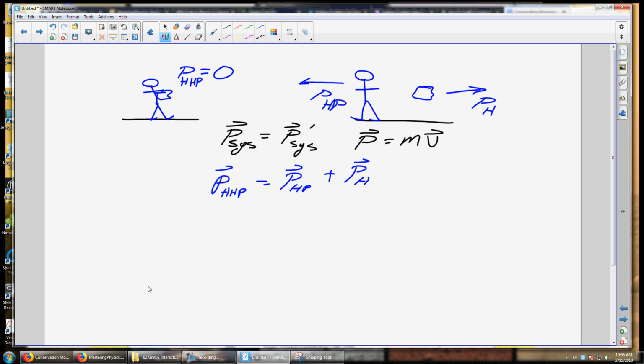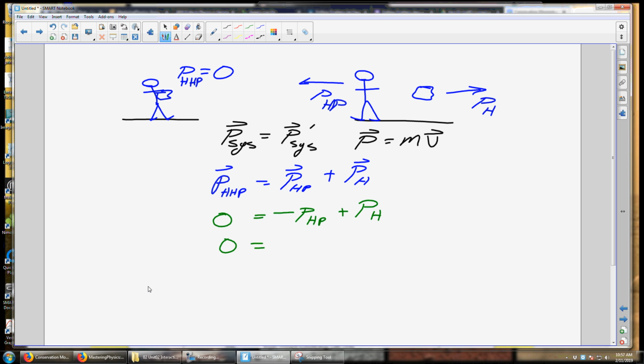Which direction do we want to call positive? Anybody? To the right? Excellent. The direction the helmet went in. Alright, so I know this is 0. This one will be negative, so negative P_HP plus a positive P_H.